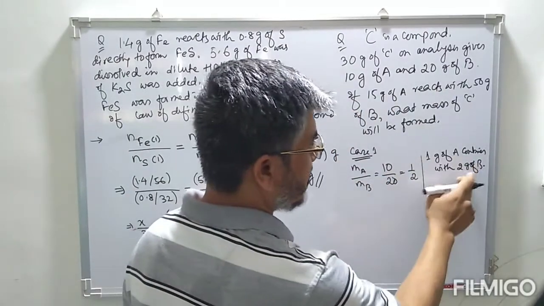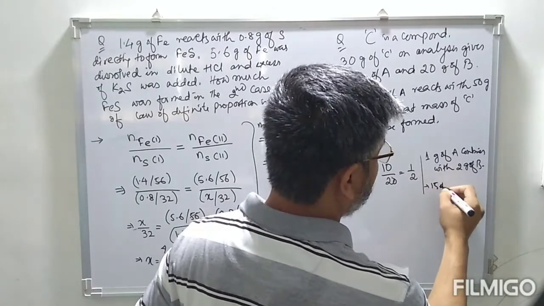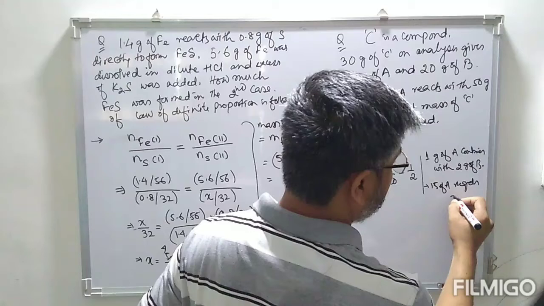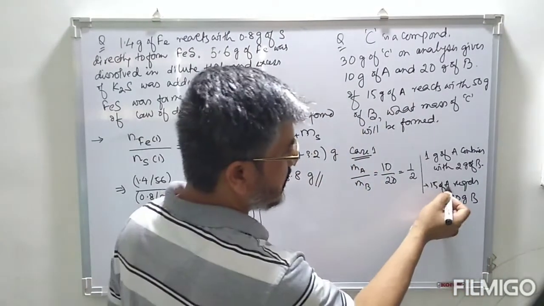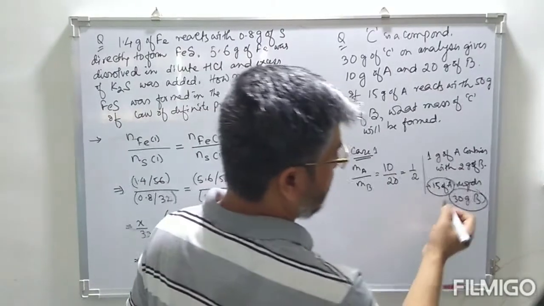If 1 gram A combines with 2 gram, then 15 gram of A requires 30 gram of B.